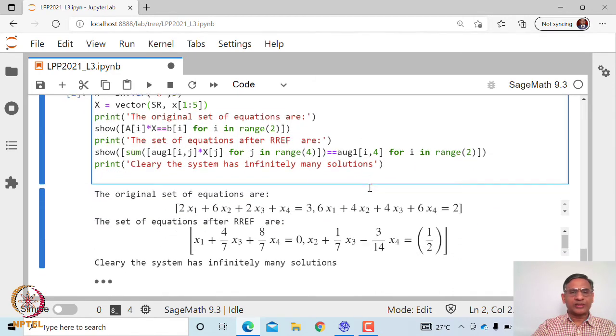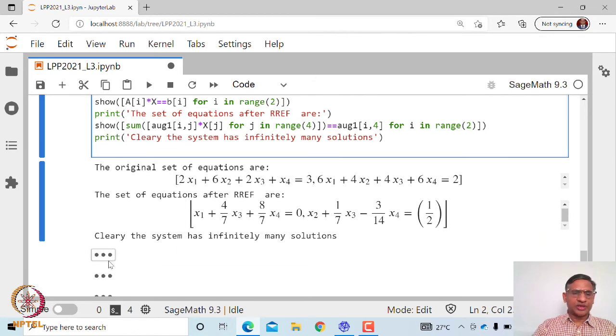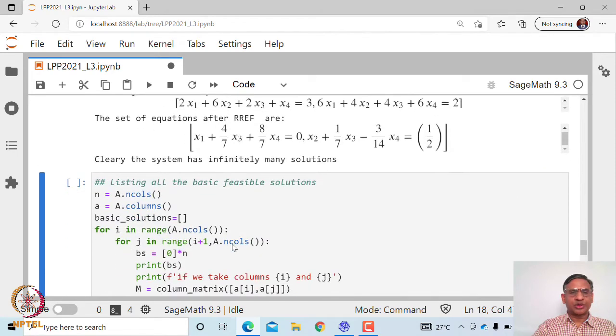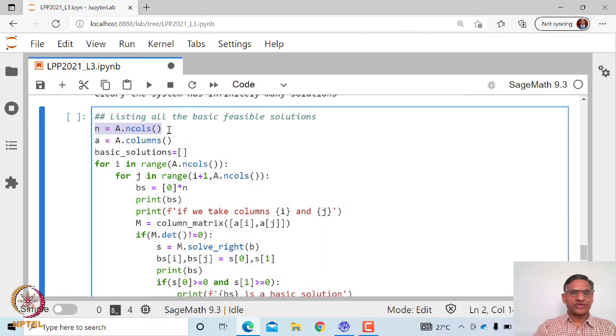Now we need to look at how to find these basic solutions. For this I have written a small Python code. First, let us write n as the number of columns, in this case 4, and extract all the columns of A in small a, and let us create a list of basic feasible solutions.